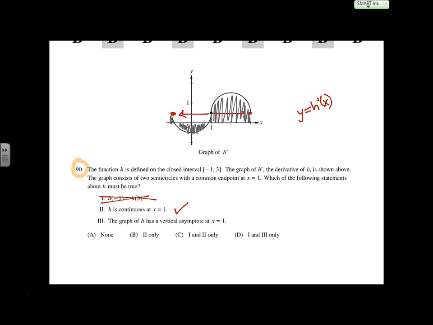What if you had a graph that met each other, but it was straight? Would it be equal to each other from -1 to 3? If these semicircles were shifted down, so it was on the axis, then the area under one semicircle would equal the area of the other semicircle.